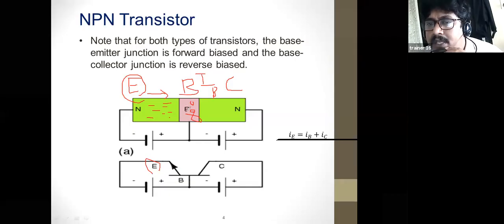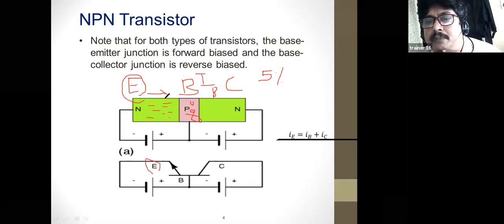The P-type semiconductor is lightly doped with thin material, so only 5% of the emitter current, that is electrons, is attracted towards the P-type. Only a few electrons are attracted towards the holes in the P-type base, forming the base current IB.